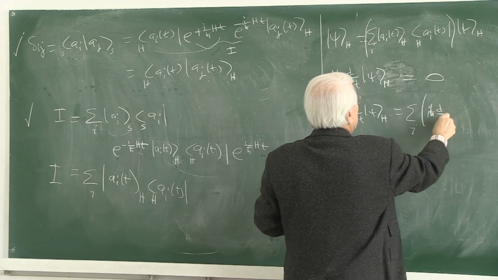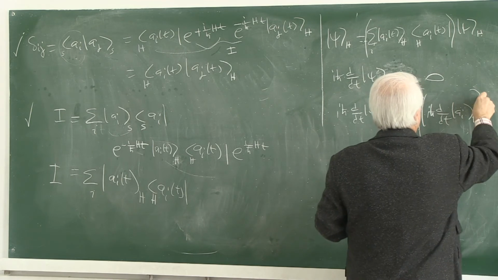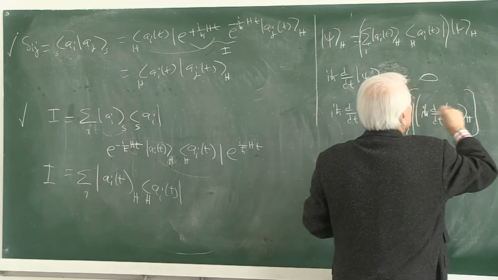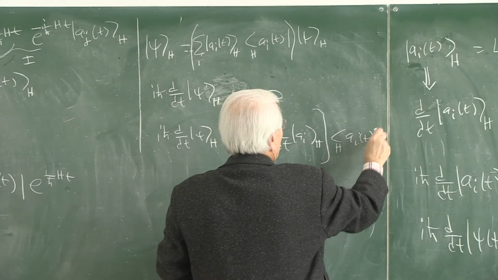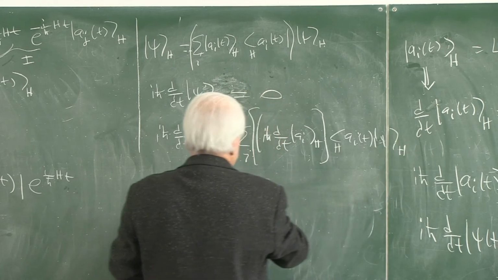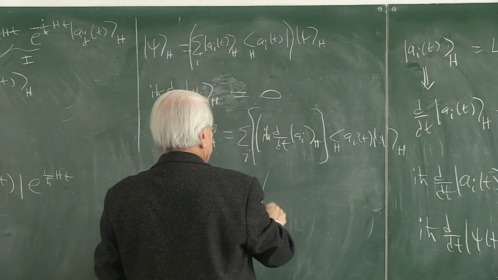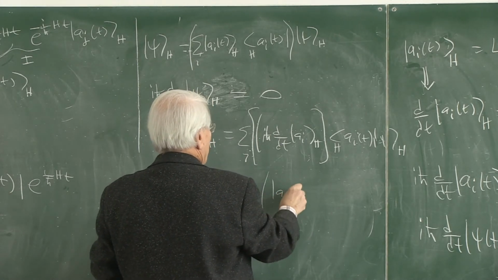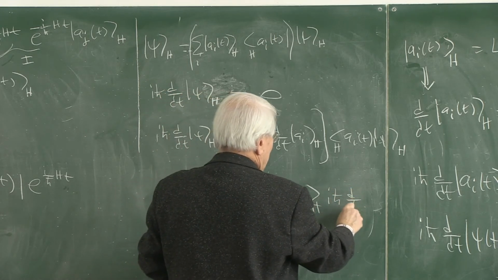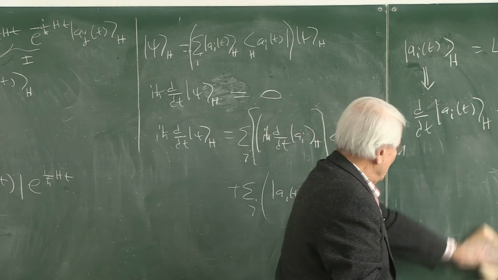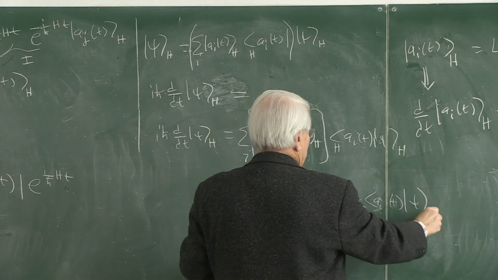i h bar d by dt AI h is the first term times that, next plus AI of t Heisenberg i h bar d by dt AI of t psi of h.